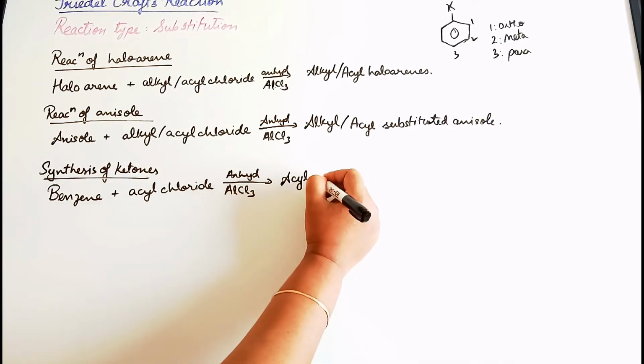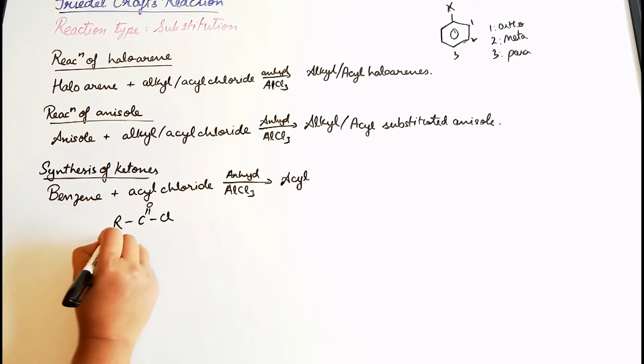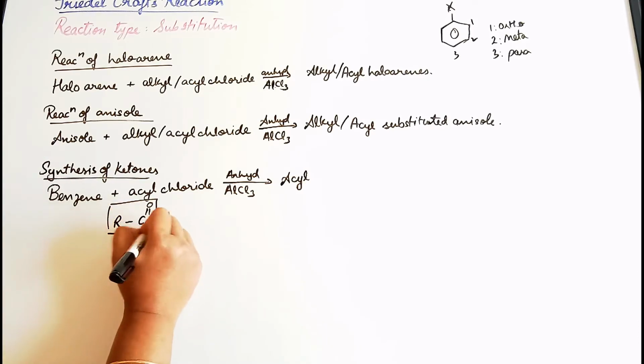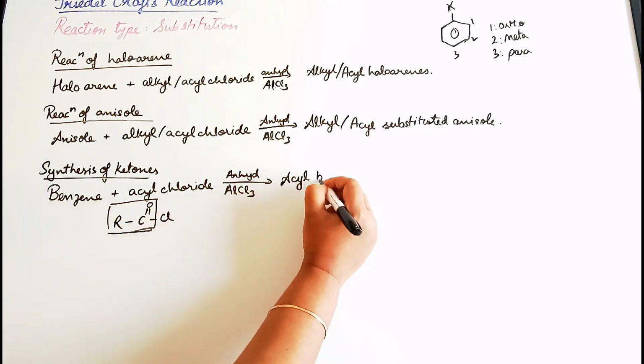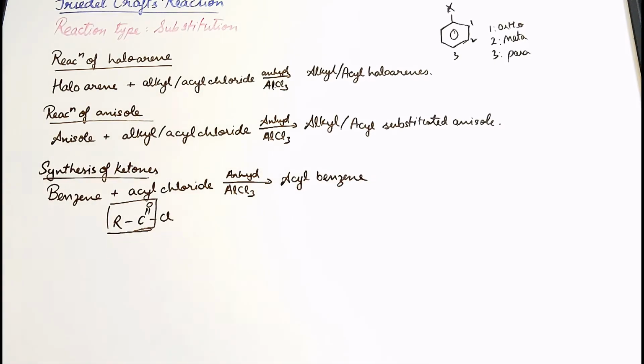And what is an acyl group? Acyl is COCl and R. So RCO, this part gets substituted on the benzene ring, and that automatically becomes a ketone, and that's why we're using this for the synthesis of ketone.